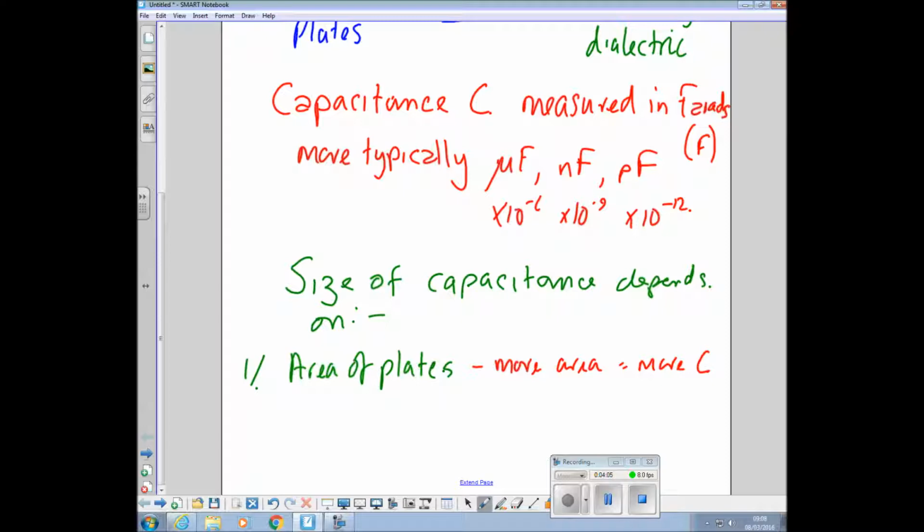Yeah. Second thing, distance between the plates, closer equals more C.